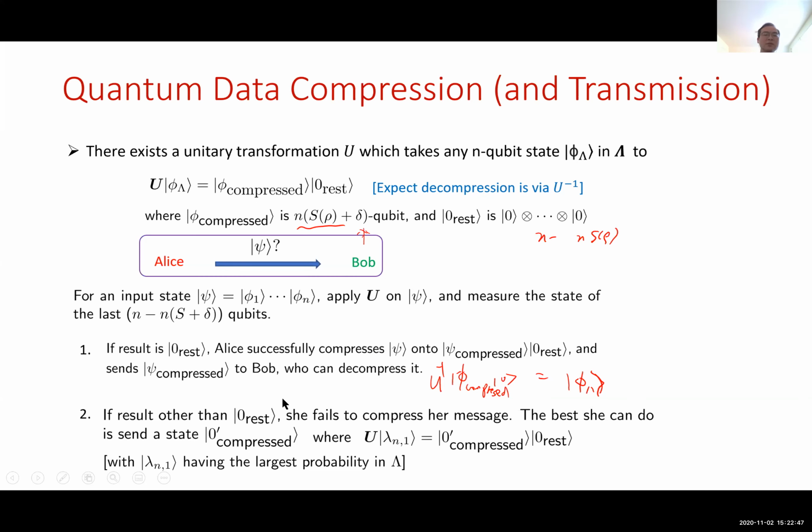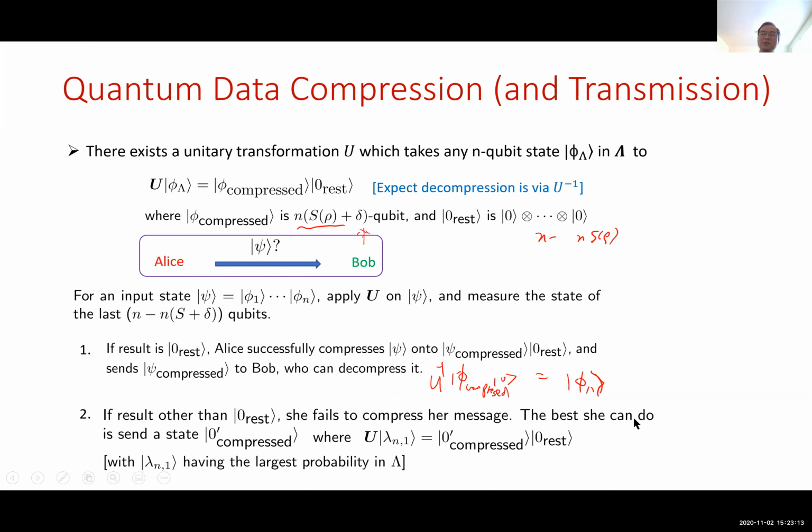But if the result of Alice's measurement is not 0, that means she does not successfully project to the typical subspace. So whatever state she sends would probably not be so useful.